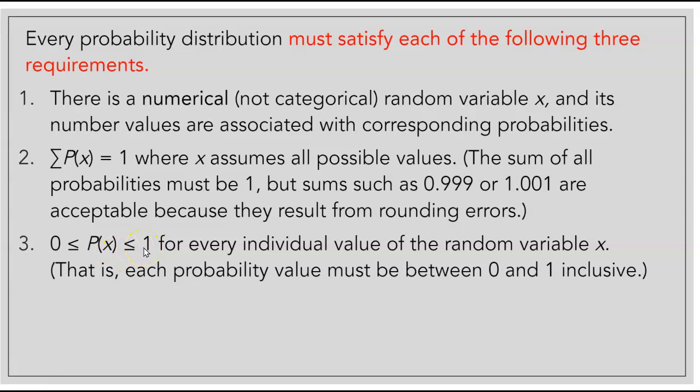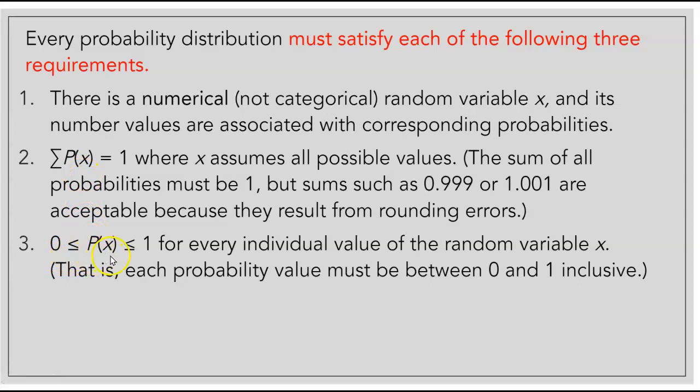So basically, if you want to tell me whether it does satisfy a probability distribution, the very first column must be numeric and also discrete. So it has to be countable numbers, 0, 1, 2, 3. Secondly, those two conditions apply to what happens in the second column.